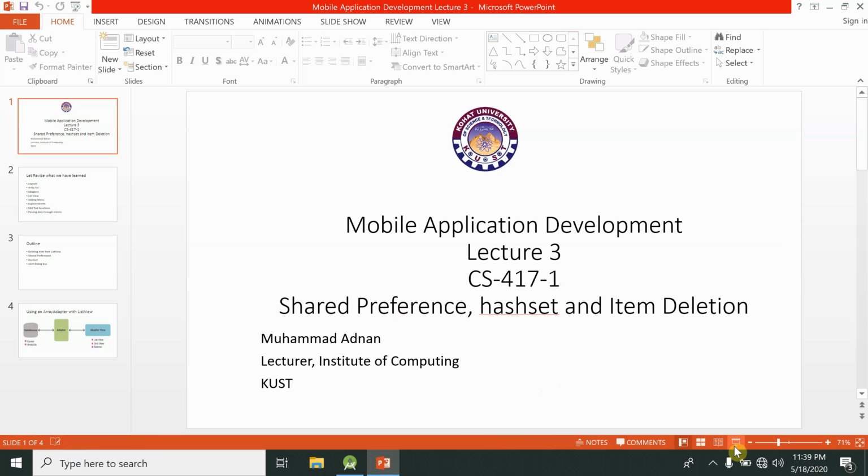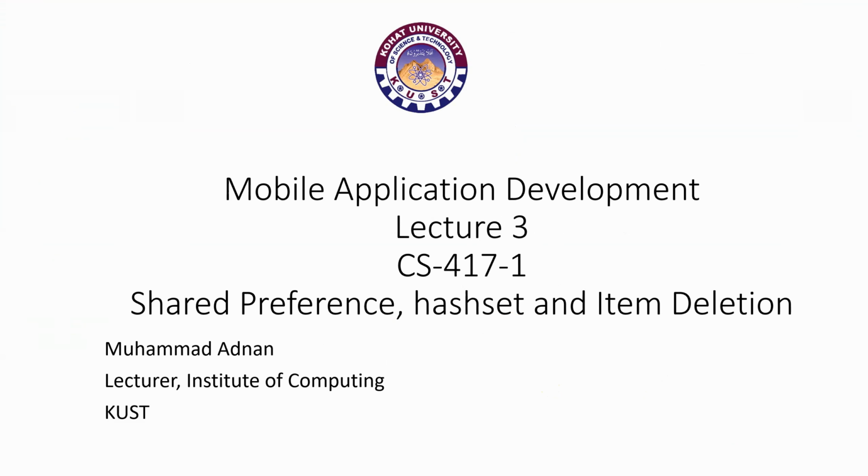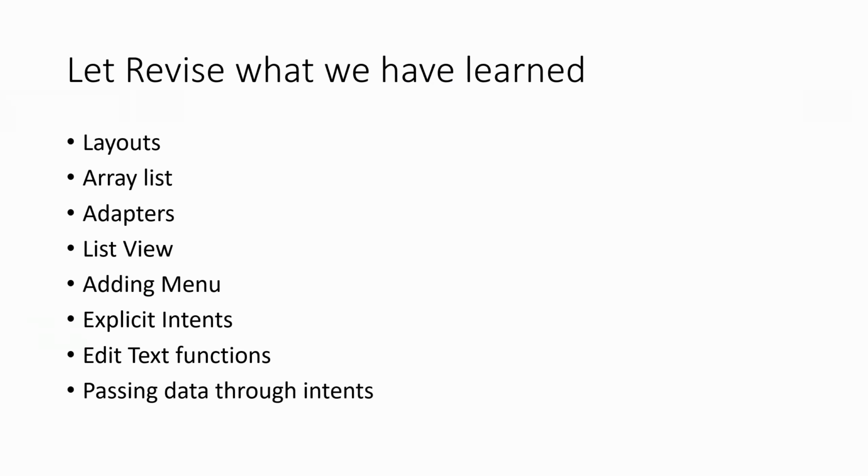So very quickly I'm going to tell you what we have done so far in the previous two lectures. We discussed Android layouts, like constraint layout, relative layout, linear layout, and then we also discussed array list, adapters, and list view. Today, very quickly, I'm going to discuss these three in one slide in order to understand where they lie when they interact with each other.